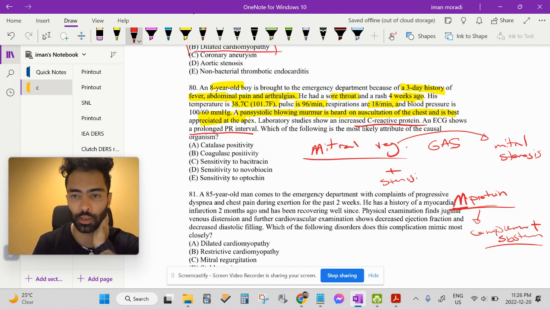Now it's talking about the organism. Catalase positivity: all the staph organisms are catalase positive, and no strep organism is catalase positive.